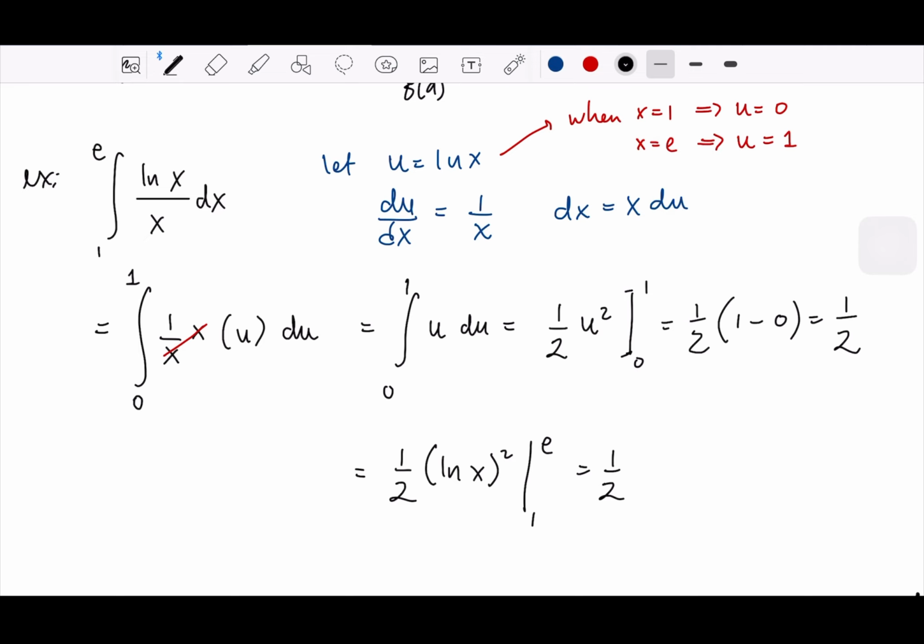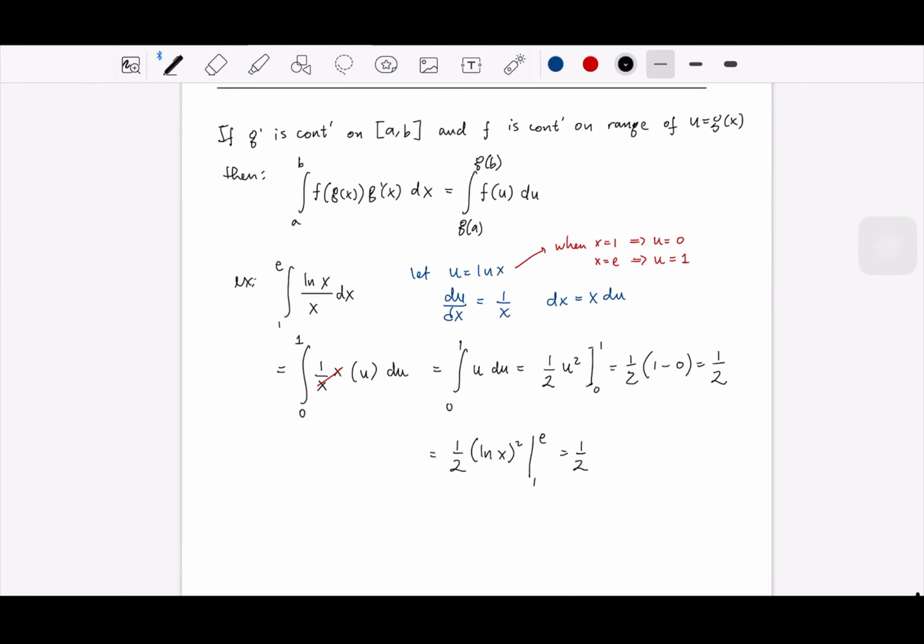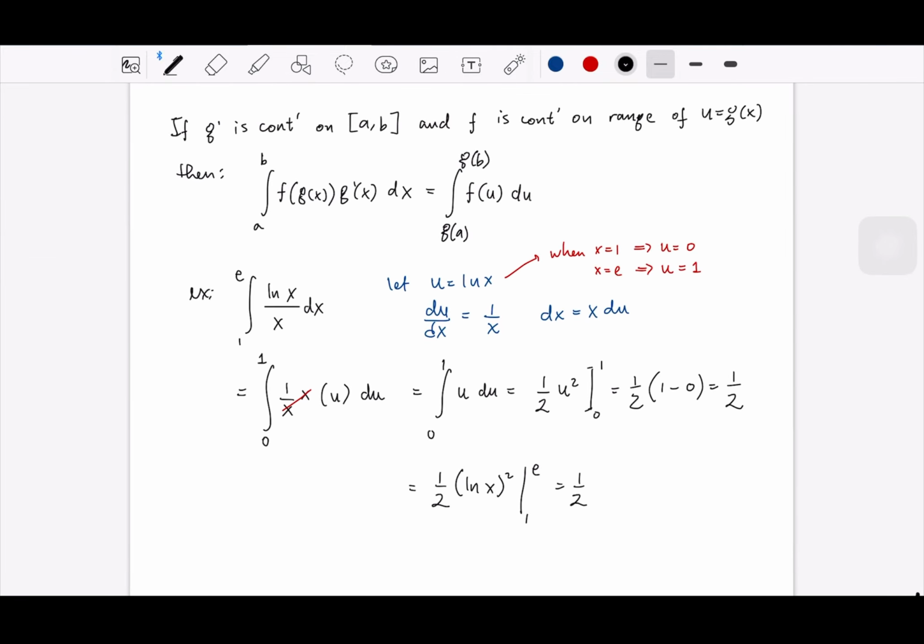Okay, now the last part of this chapter 5 is about symmetric functions.